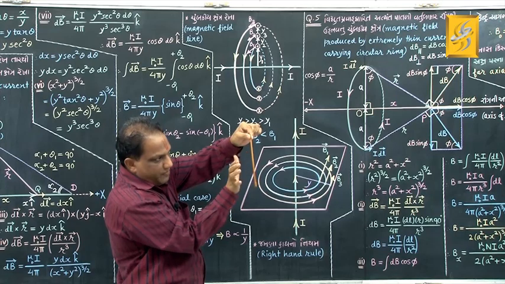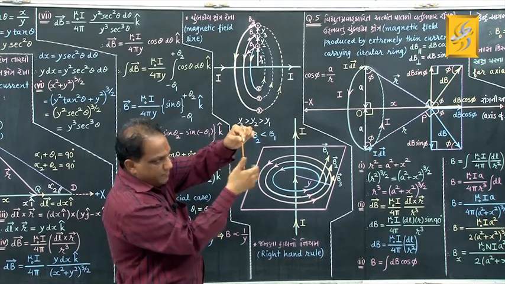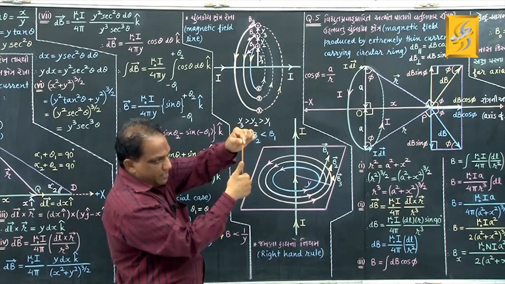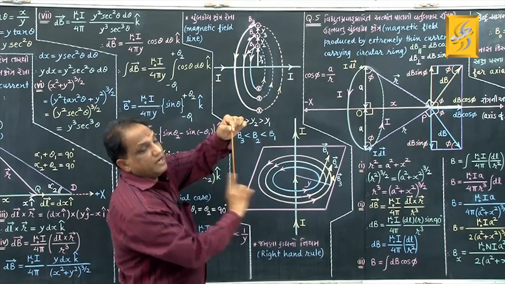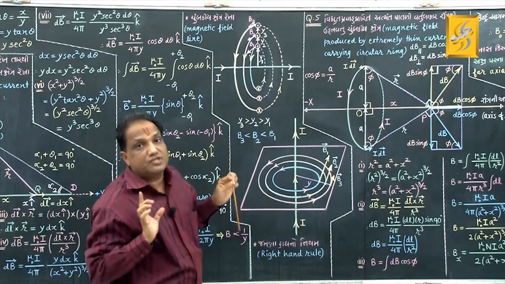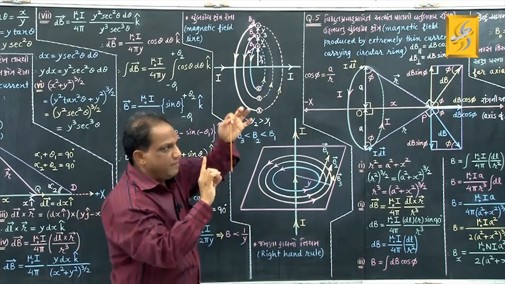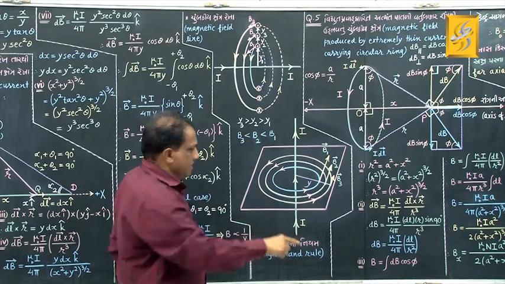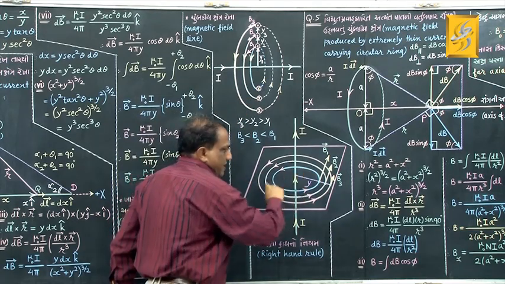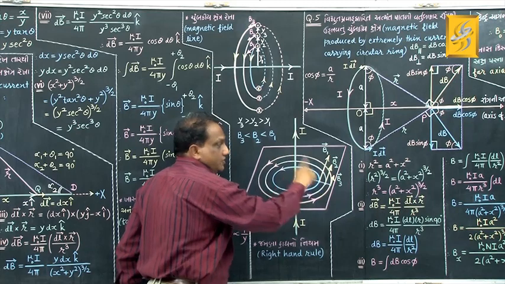Then in whichever manner the fingers of right hand palm take a turn around the current carrying wire, in the same manner magnetic field lines also take a turn around the current carrying straight wire. Okay? And the manner of circulating is like this, and in the same manner I have shown these magnetic field lines taking a turn around this wire.